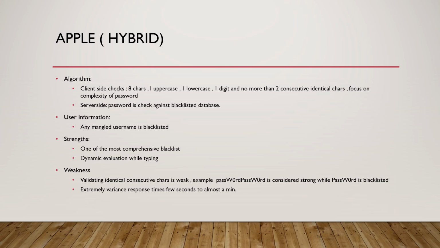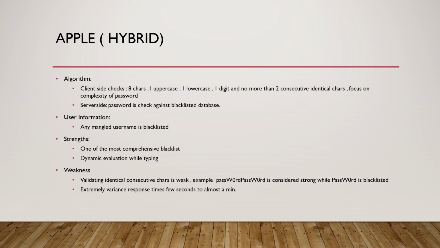Strengths and weaknesses: it also does a dynamic evaluation while typing, so the user can get feedback right away. It also had a really comprehensive and dynamically updated blacklist, according to the authors.